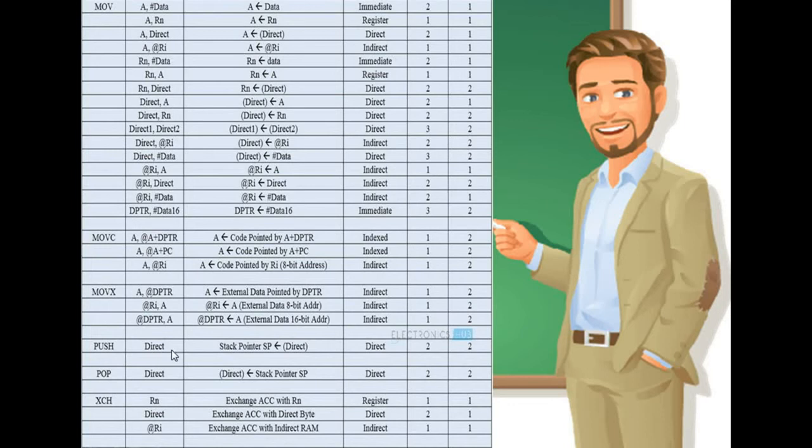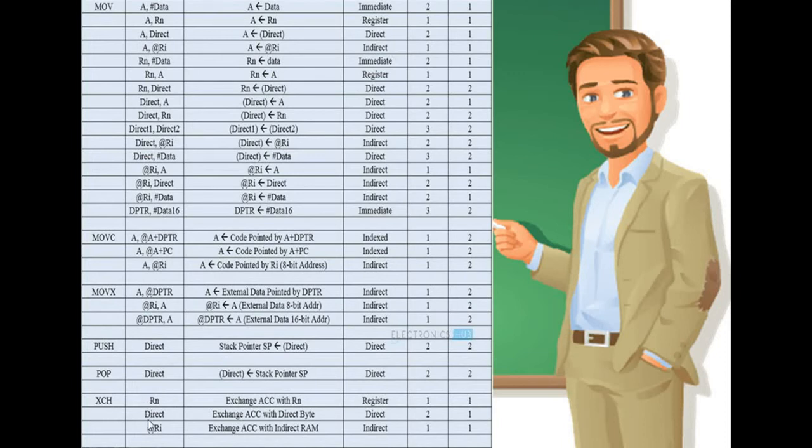Push is a push direct, that means the direct value is pushed to the stack pointer. Pop means the stack pointer is popped to the direct register.